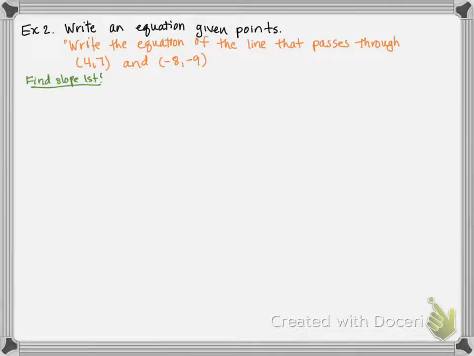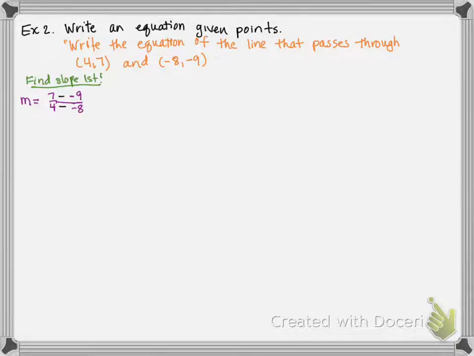Okay, so to do slope, we're going to take our 2 ordered pairs and put them in the formula. Slope is y over x, y over x, connect and subtract.